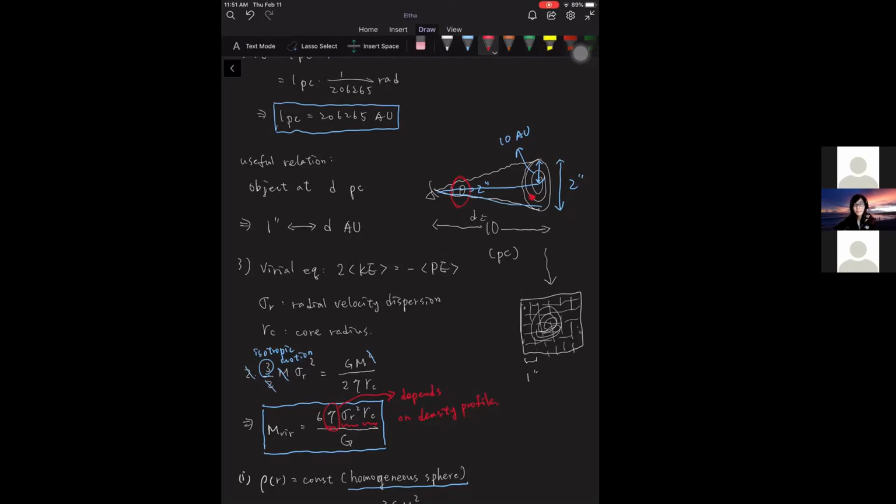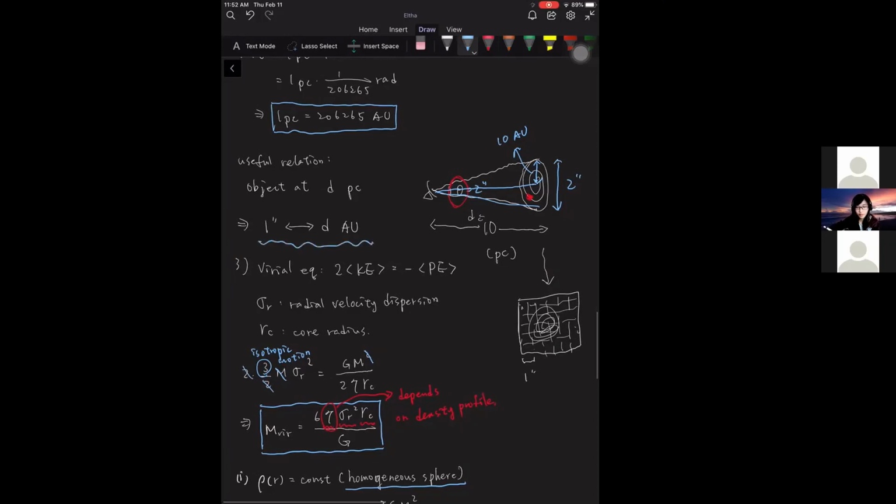Is it just known that 1 arcsecond is equal to 1 AU? I'm using the relation I mentioned here: an object at d parsec means 1 arcsec corresponds to d AU. But 1 arcsecond is not a fixed physical size.